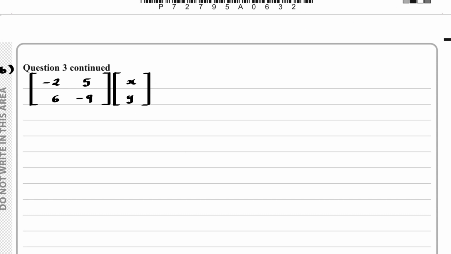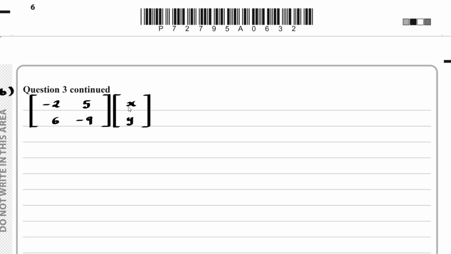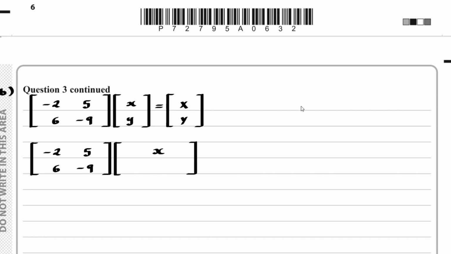Because we have an invariant line represented by this matrix, we set this equal to capital X, capital Y. So we've got this matrix, negative 2, 5, 6, negative 9, and we multiply this by (x, y). Now we've got this x, and y is the same as mx plus c.